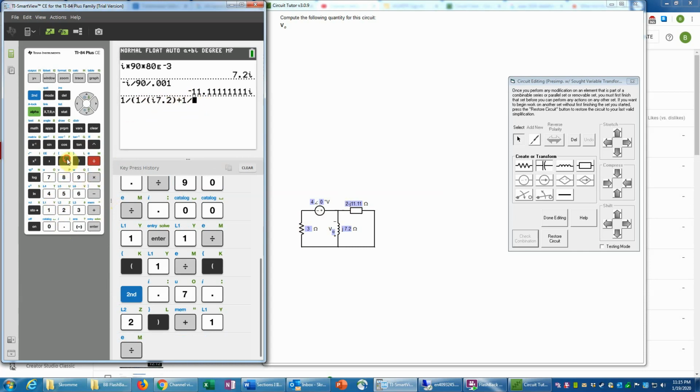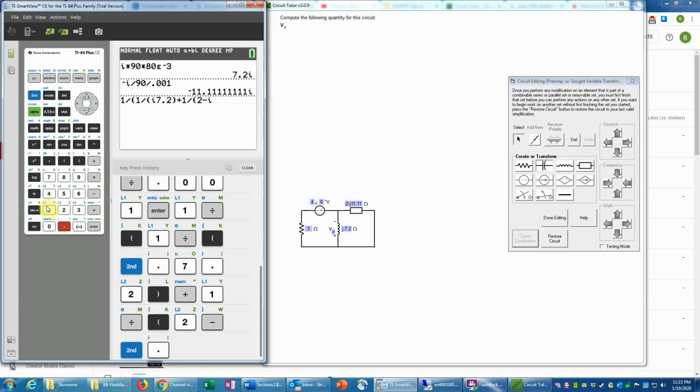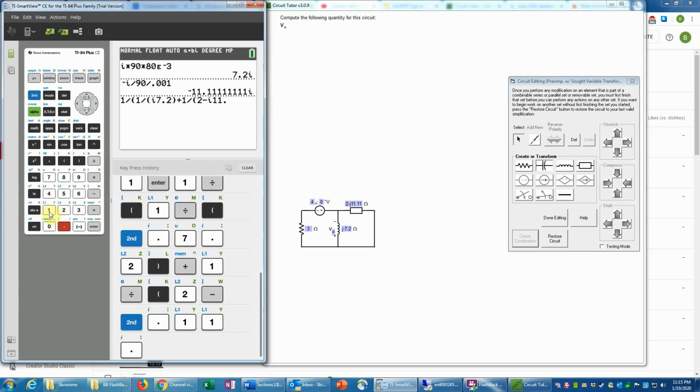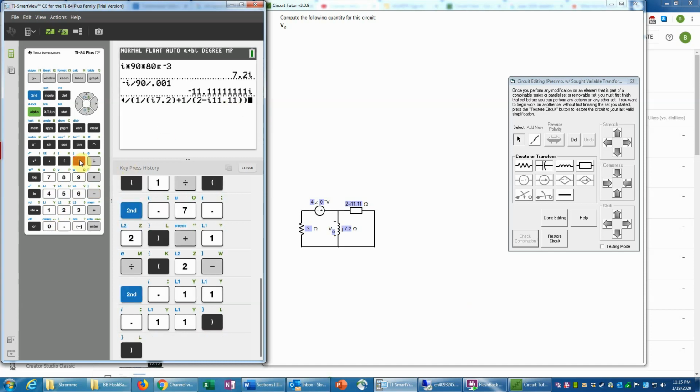And open parenthesis there, and I'm going to have 2 minus j11.11. Close that parenthesis for that reciprocal, and then another close parenthesis to close the denominator. And that should be correct now.